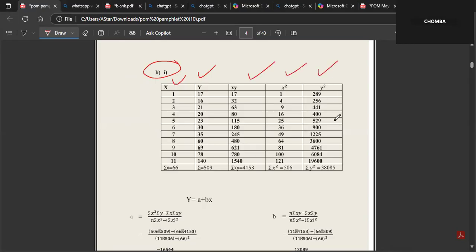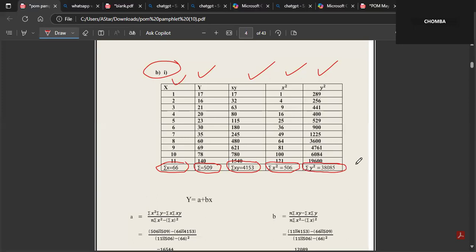So you sum up these. You're getting here 66, here 509. XY is 4153. X square is 506. Summation of Y square is 38085.